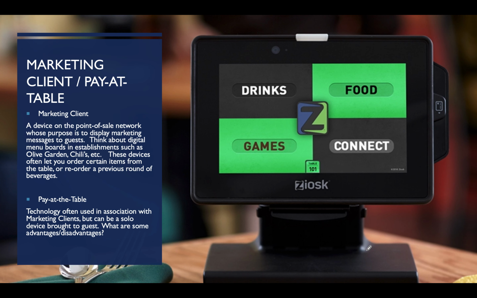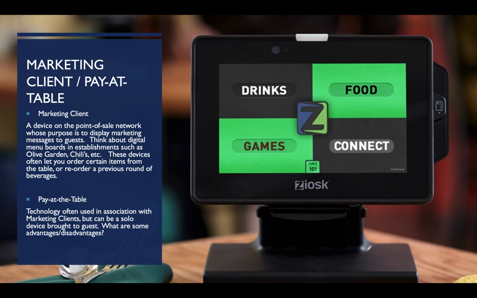Disadvantages, of course, it's taking away the face time between the guest and the server. Some would consider that a disadvantage because you're going out to be served, you want that interaction, and this is taking it away. Another disadvantage is that there are a lot of people out there who just aren't technology prone, right?